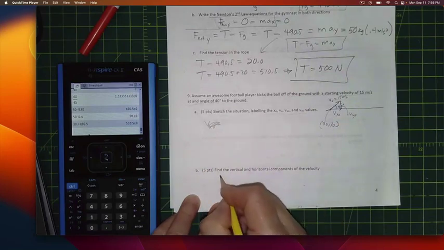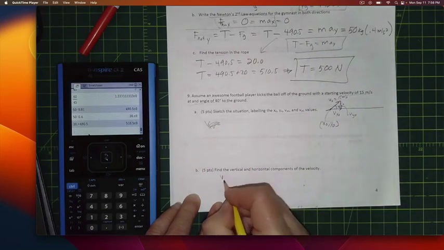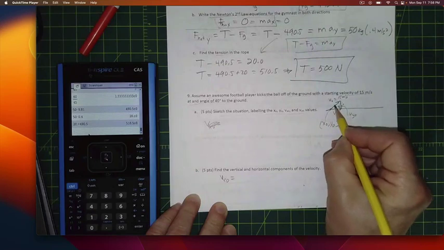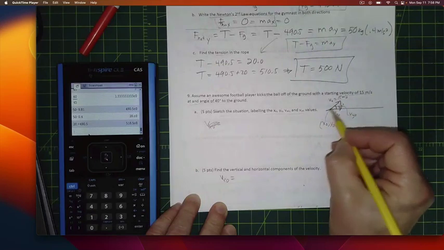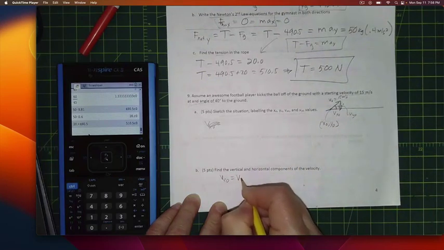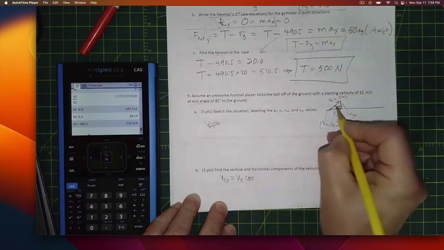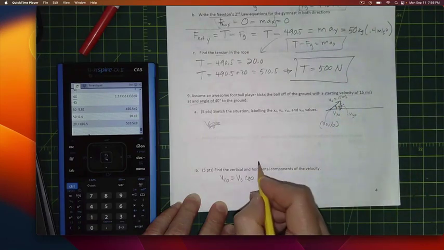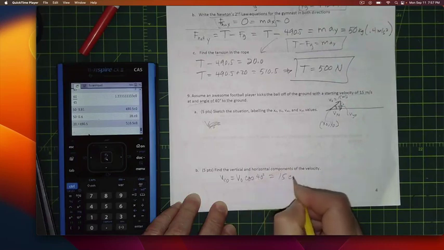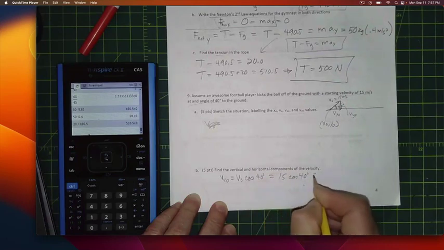Okay, I've got weird space issues here, but Vx0 is the sideways component. We've got V0 as the hypotenuse of the triangle. And so Vx0 is going to be V0 cosine, because it's next to the angle of 40 degrees. V0 was 15, so it's 15 cosine 40 degrees.